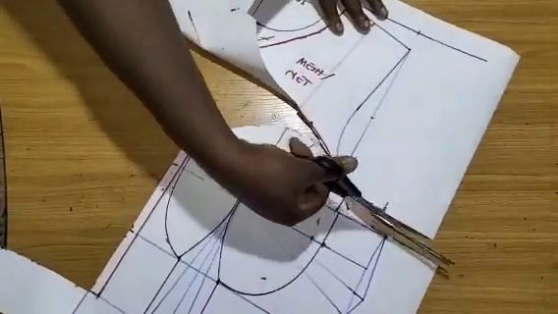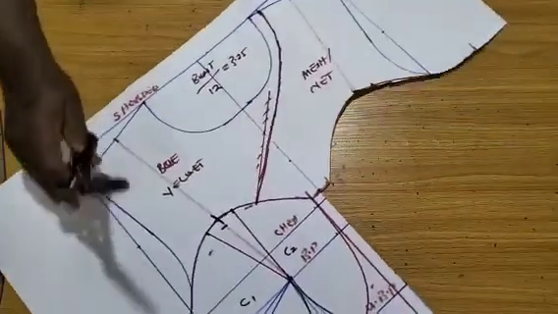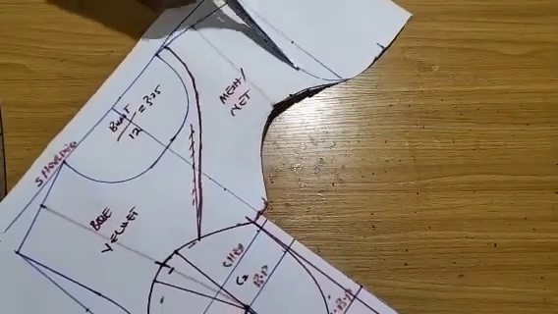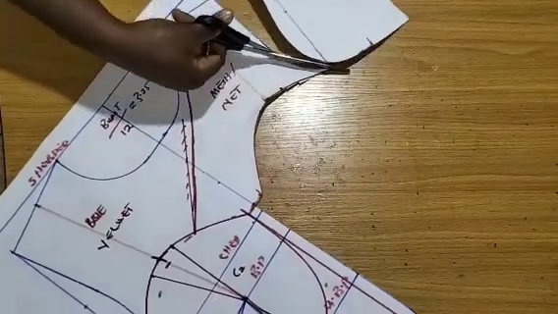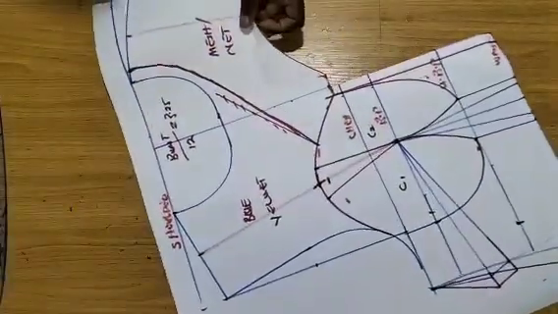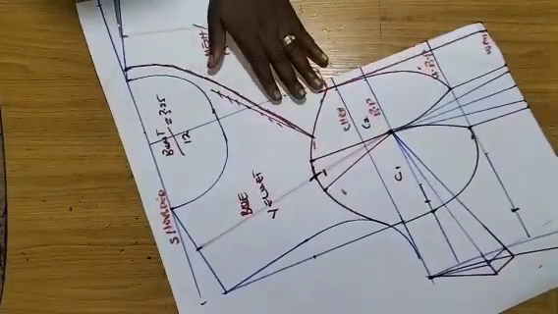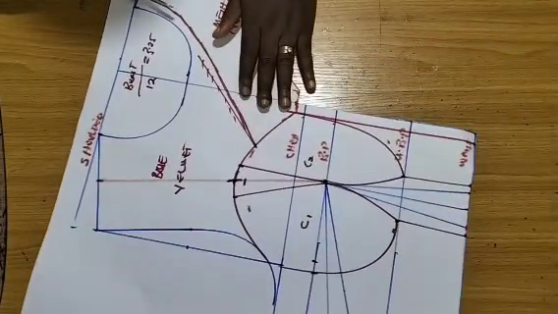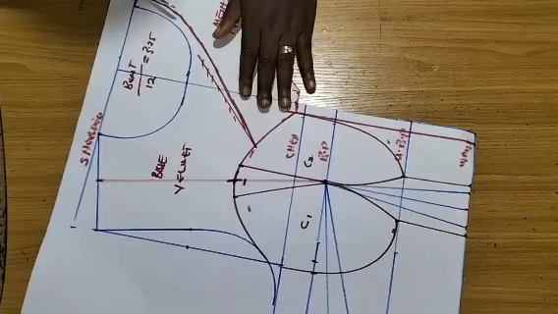So why am I cutting this part now? So this is what I need. I'm cutting here because of the yoke. Then I'll just go into this neckline.